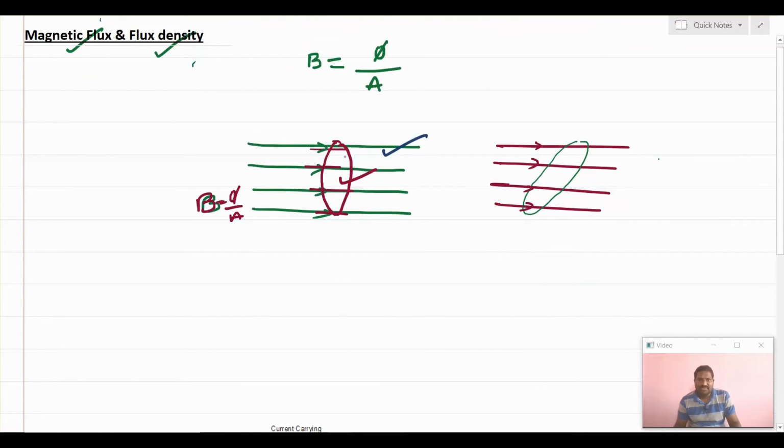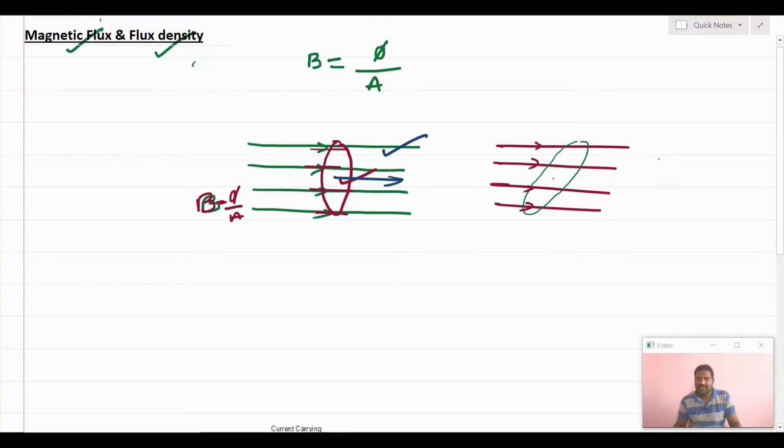In the previous case, the magnetic lines pass through the complete coil. The total lines are passing through this coil, and the axis of this coil is parallel to the magnetic field, the magnetic flux lines, the magnetic lines of force.